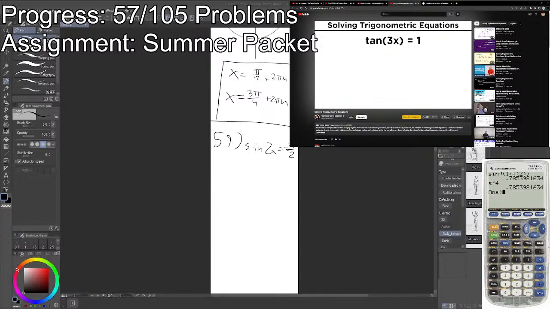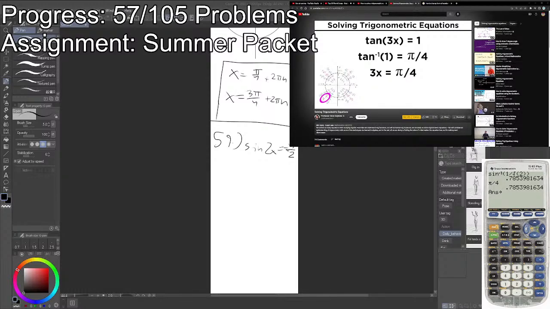Say we want to solve tangent 3x equals 1. Well, what angle gives us a tangent of 1? That would be quarter pi, because root 2 over 2 divided by root 2 over 2 gives us 1. That means that 3x equals quarter pi. But is it just quarter pi?